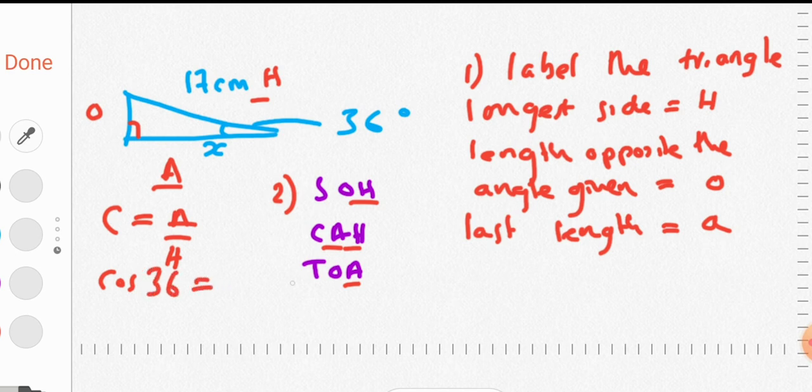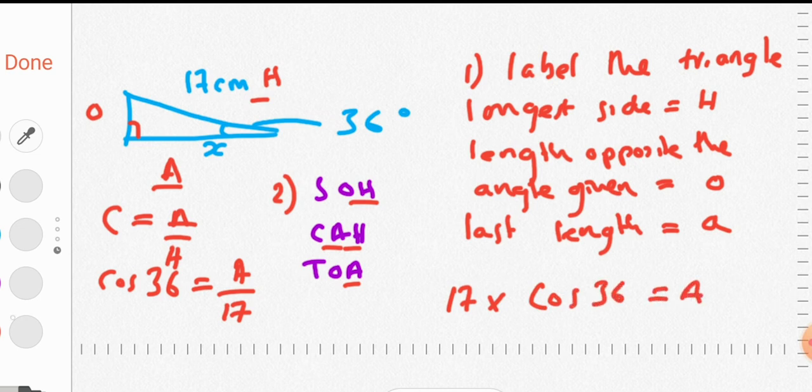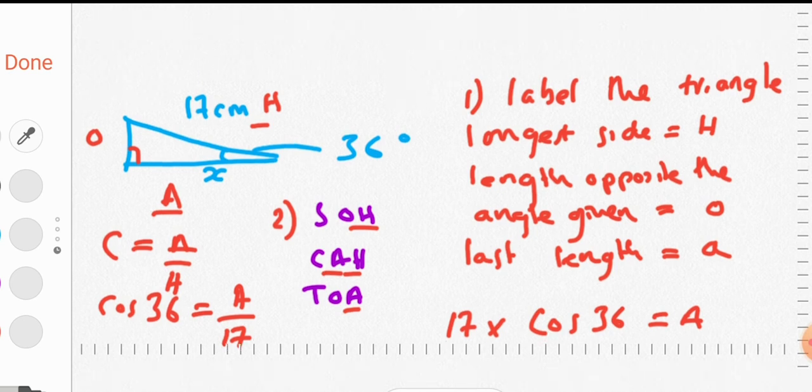Cos 36 equals A over H. A is the unknown, and H is 17. If 17 is dividing on the right, what does it do on the left? Times. Good. So it will be 17 times cos 36 equals A.